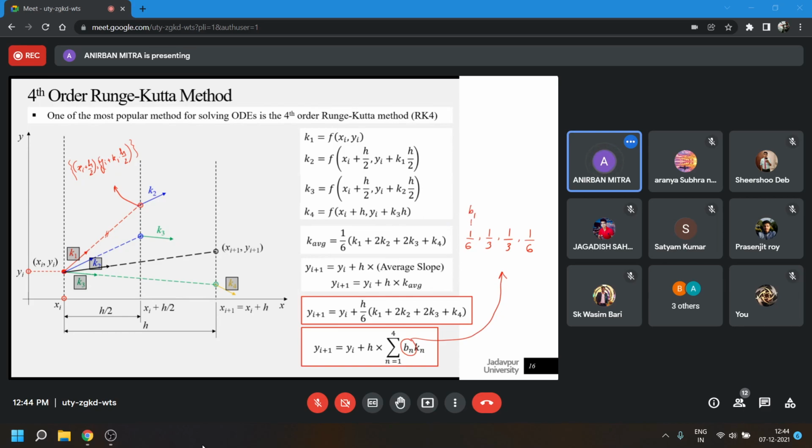This is B1, B2, this is B3, and that is B4. K1, K2, K3, K4 can be calculated through these expressions.